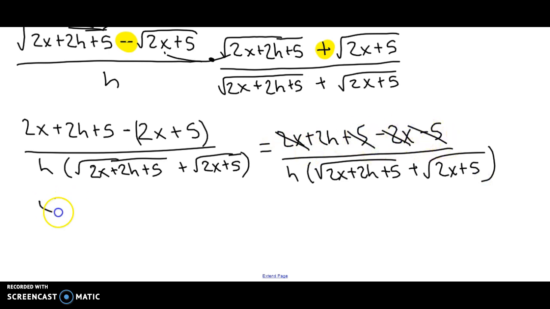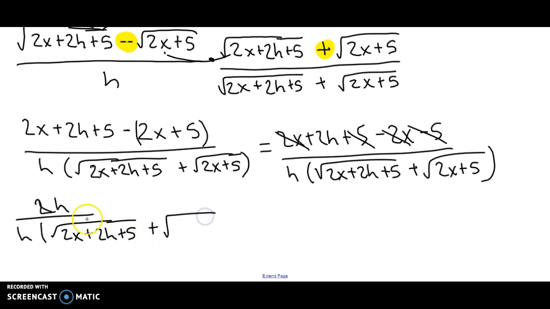You're left with 2h over h times the square root of 2x plus 2h plus 5 plus the square root of 2x plus 5.